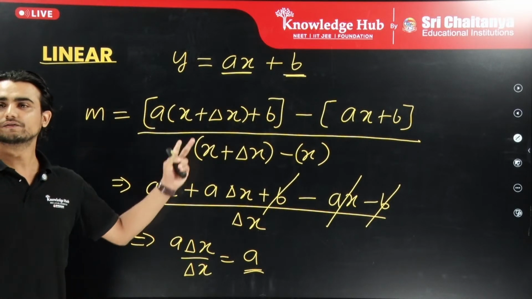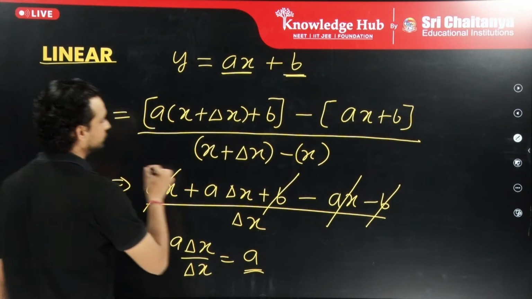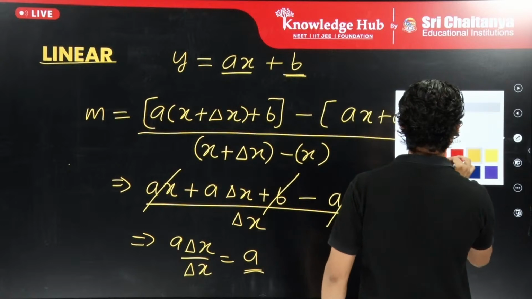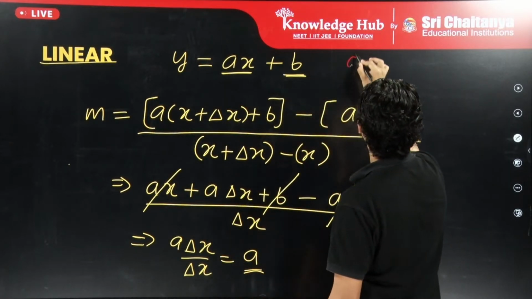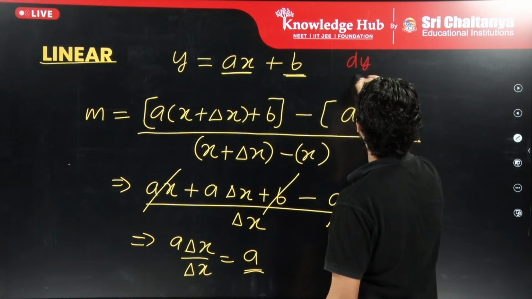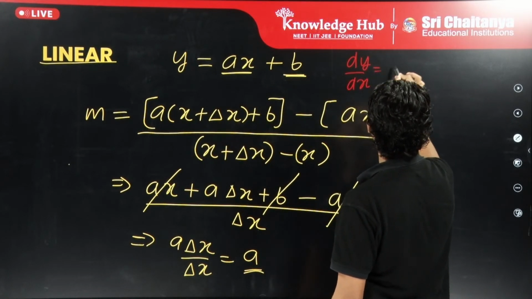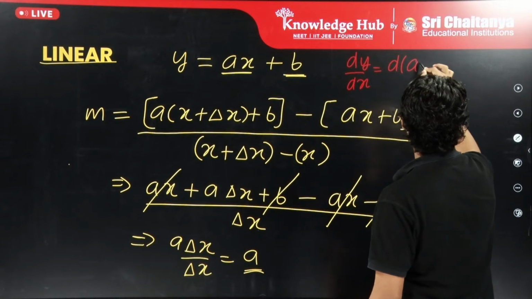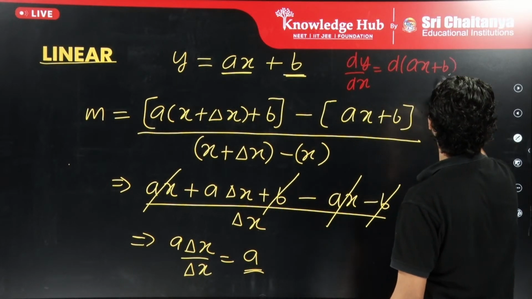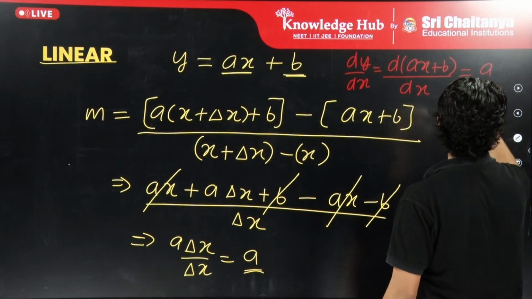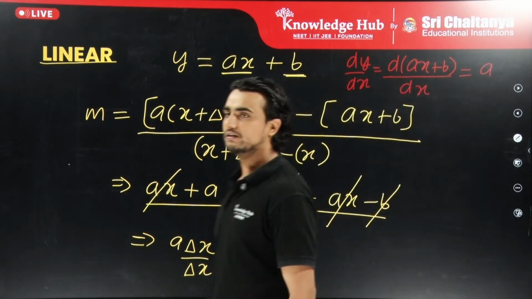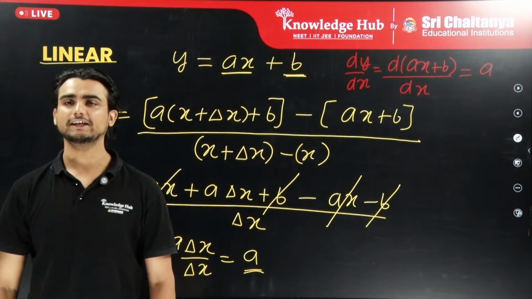So what is the derivative of this function? If I write the derivative, dy by dx, or d of ax plus b, the derivative of my function with respect to x is equal to a. The derivative of my function is a.